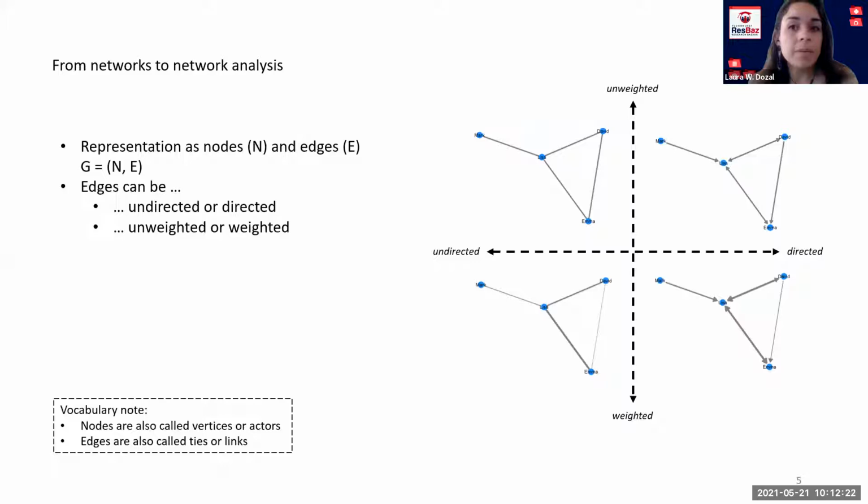Further into the relationship between nodes, edges can be undirected or directed. So let's say we're in an advice network. David gives advice to Emma, but Emma does not give advice to David. So the direction goes from David to Emma.